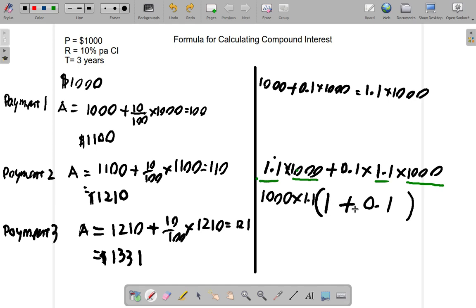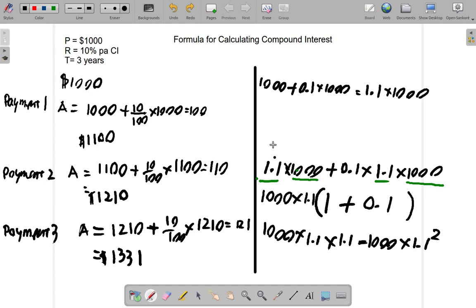Okay, this is factorized. But the question now is, what is 1 plus 0.1? It is really 1.1. So it is 1000 times this 1.1 times this new 1.1. So it is $1,000 times 1.1 squared. That's the money you have after year 2. Or we're encroaching into year 3 space, you know. But let's put that up here.